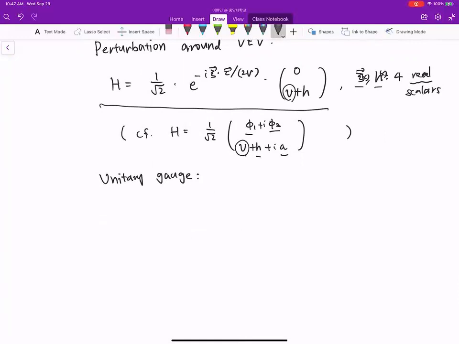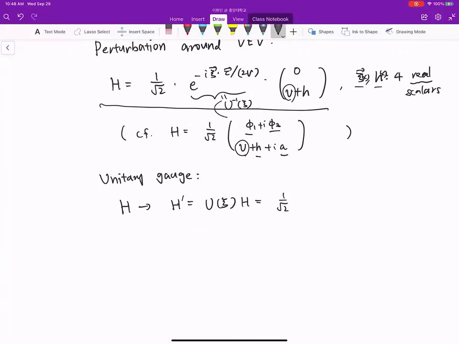So we can make a gauge transformation. So Higgs transforms, and by the way, this factor, let me call this U inverse of psi, and U of psi, we are making an SU2 transformation for Higgs.